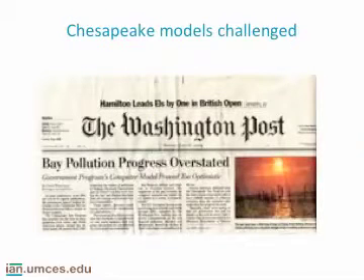But the models have had a contentious history, and one of the more important things that happened was a front page Washington Post article in which the models being used to judge the progress of the Bay restoration were starting to be relied on a little too heavily.